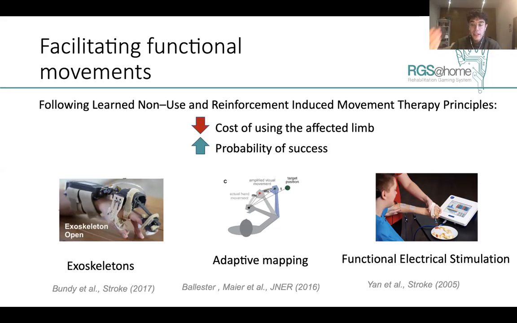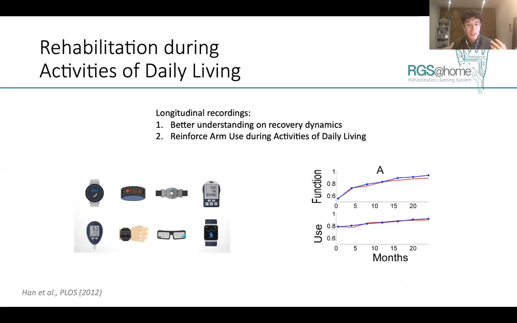And also in functional electrical stimulation, where specific muscles are stimulated in order to also enhance these functional movements or functional capabilities. This is just a set of examples on how these technologies can help the activities of patients, but we can also see other examples.